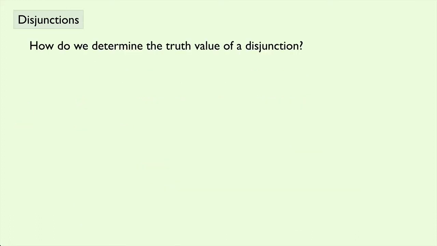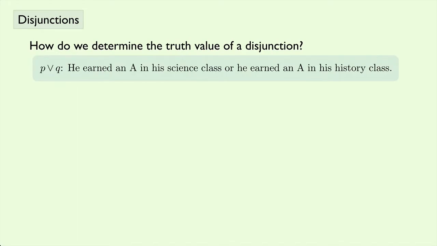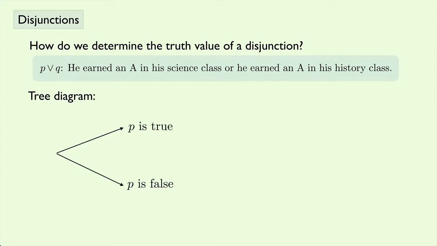So let's determine the truth value for the disjunction. So let's say we have our compound sentence here. He earned an A in his science class, or he earned an A in his history class. And let's look at all the possibilities with a tree diagram. So we have P is true or P is false. So let's first look at P is true. And we could have both things being true.